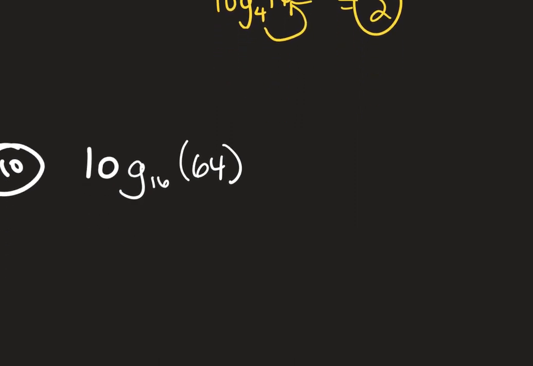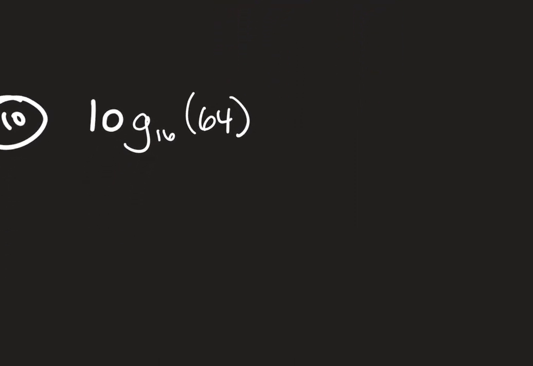For 10, when I look at this, there's nothing I can raise 16 to get to 64, whole number wise. But if I can break 64 down into a product involving 16, then I can keep going. So 64 is 16 and 4.